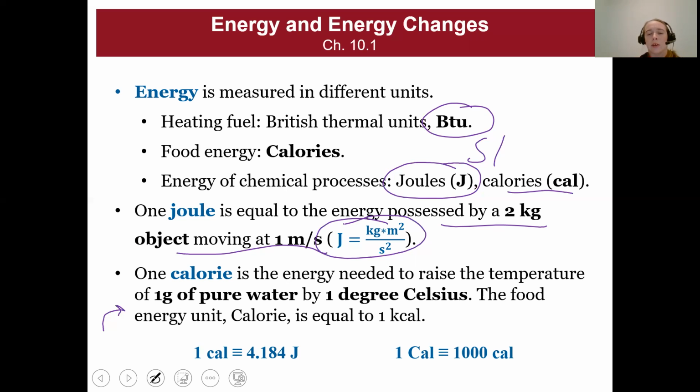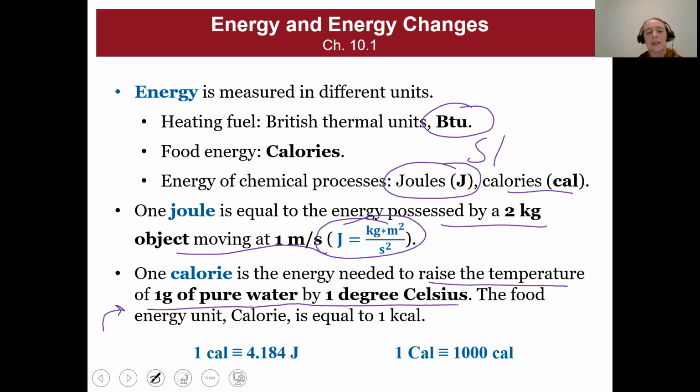Calories are going to come up a good amount in this chapter, because 1 calorie is the energy needed to raise the temperature of 1 gram of pure water by 1 degree Celsius. So that's going to mean a good deal to you in a couple sections here. In particular, the section that Nick is going to teach you. Surprise, that's going to happen next week, so get excited.